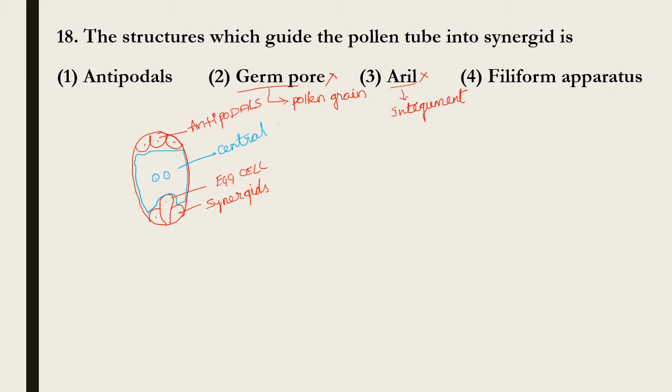So now the question is the structure which guides the pollen tube into the synergid. The pollen tube enters through the stigma and enters the style and comes towards the micropyle region. The micropyle region consists of the egg, so that's why the pollen tube enters towards this micropyle region. This is the pollen tube.